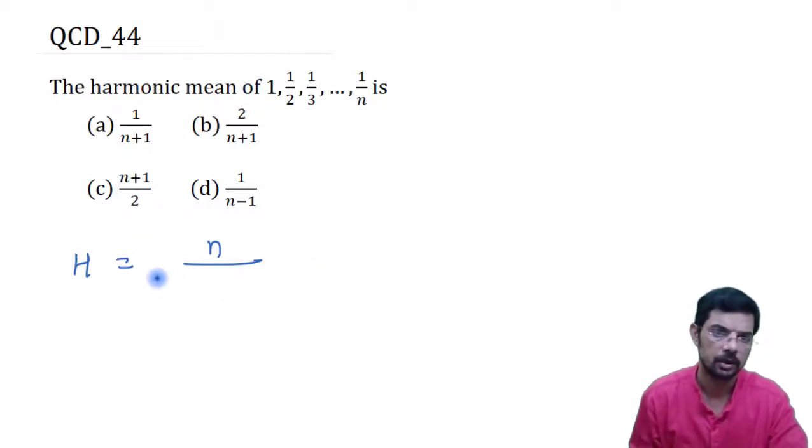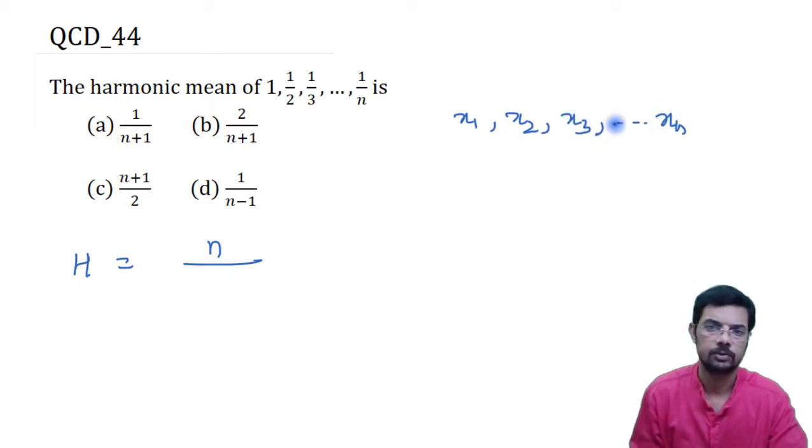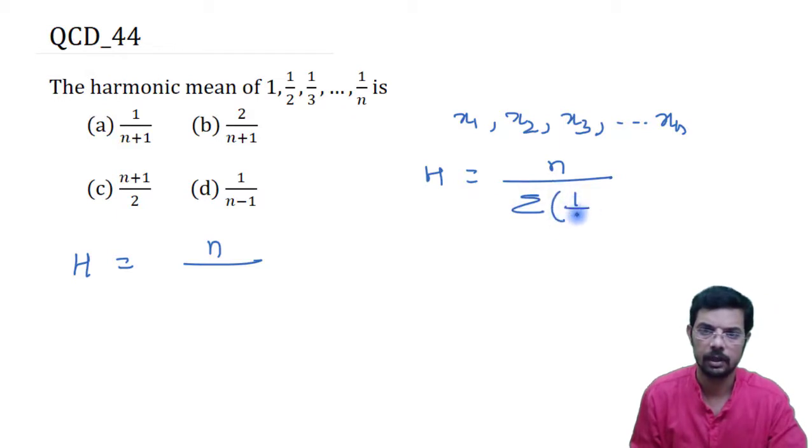If we have x1, x2, x3 up to xn as n observations, then the harmonic mean is given by n by summation of 1 by xi. This is the harmonic mean.